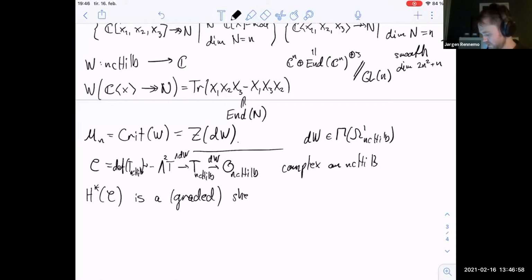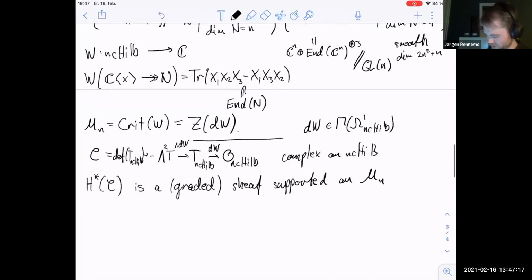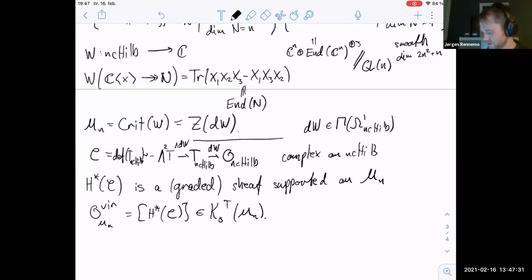This is a graded sheaf, and it happens to be supported on the Hilbert scheme, so it actually lives on the scheme you care about. And then the statement is that over Mn is the class of this thing.